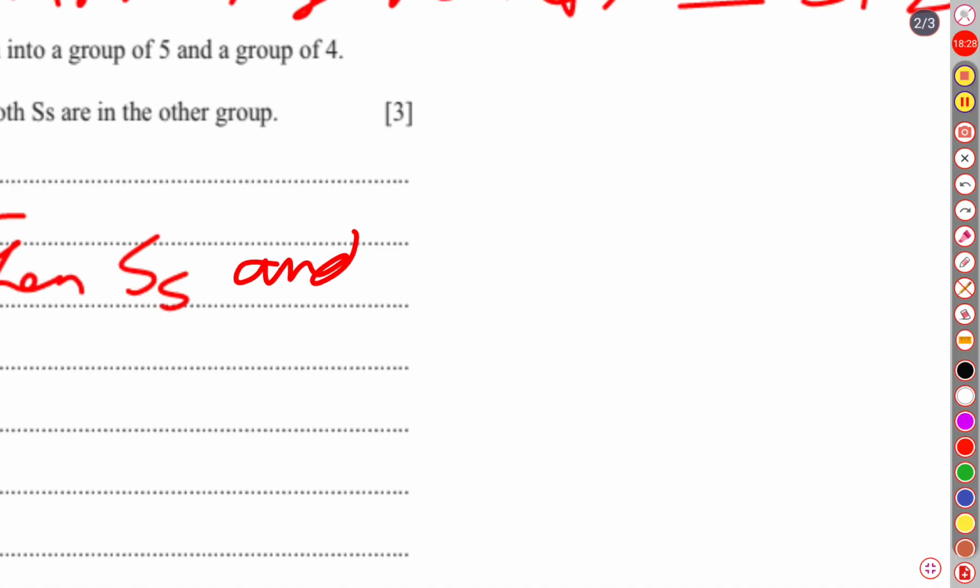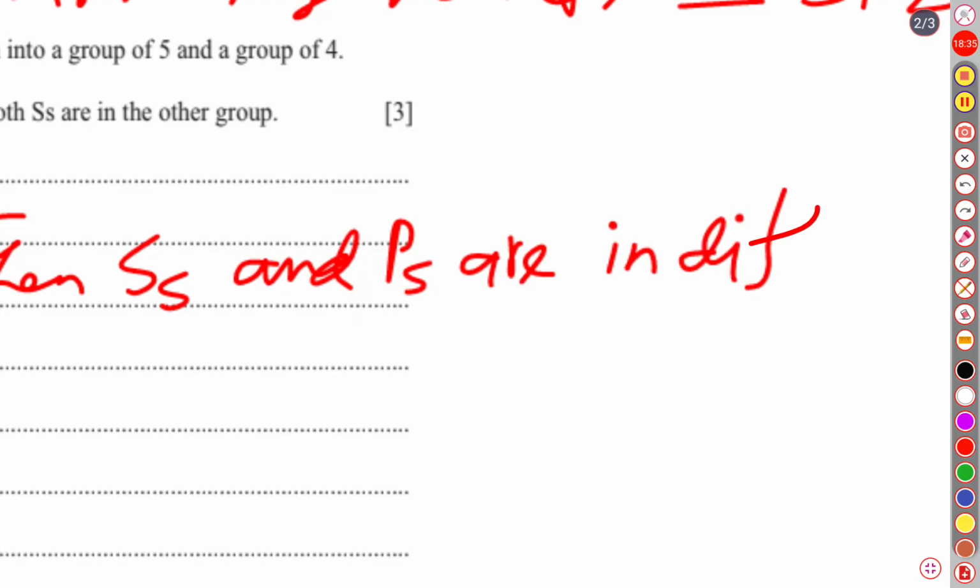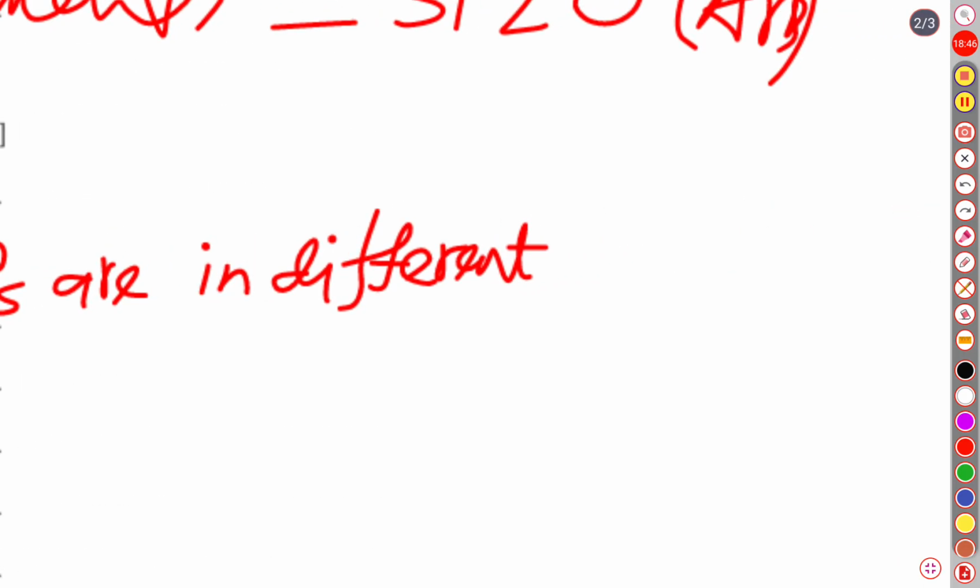Remember, we are not applying permutation concept because there is no question about arrangements. It's just selection. In any way it can be selected. Different groups.